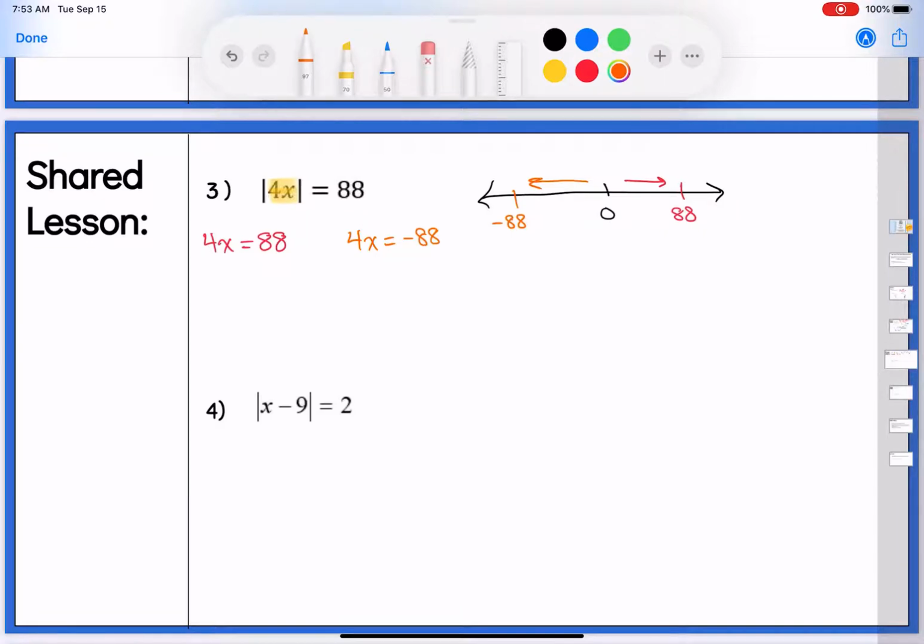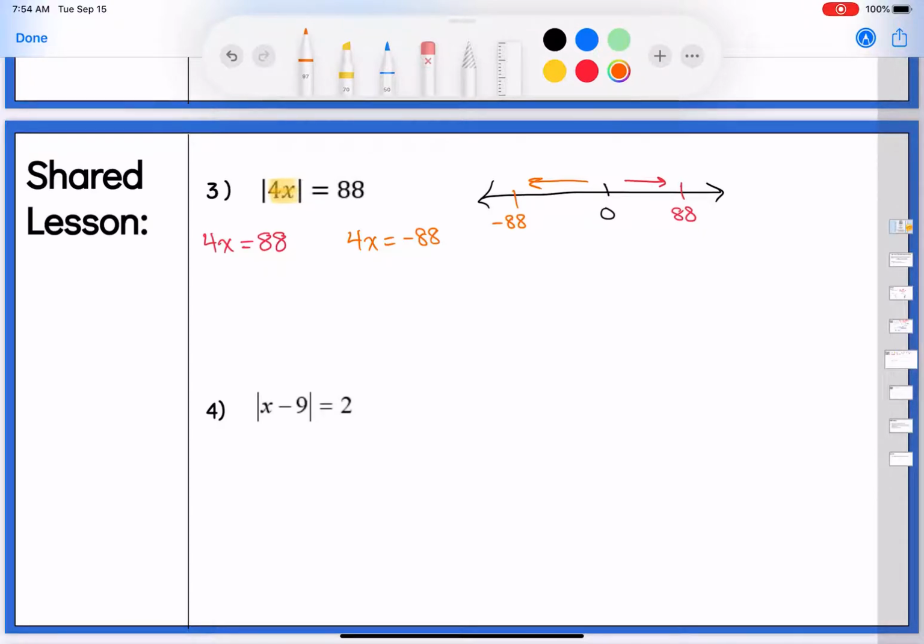So I'm taking what's inside the absolute value and I'm leaving it how it is, but I know that it could either be 88 units to the right or 88 units to the left. So what I'm changing is what it equals, and that's where I have my two possibilities. What's inside can't turn positive or negative, that stays put. 4x is 4x. But I know that it has to be 88 units away from 0. So it could be positive 88 units away or negative 88 units away.